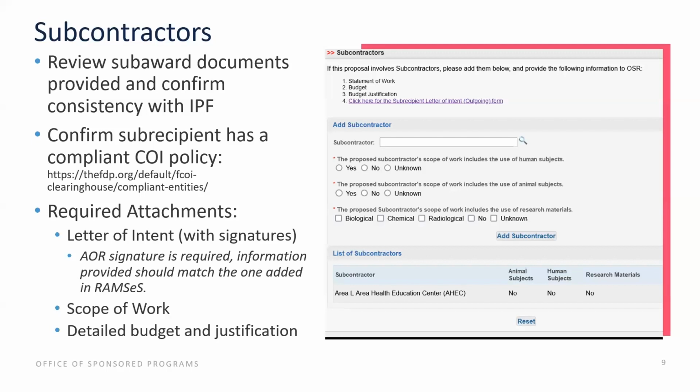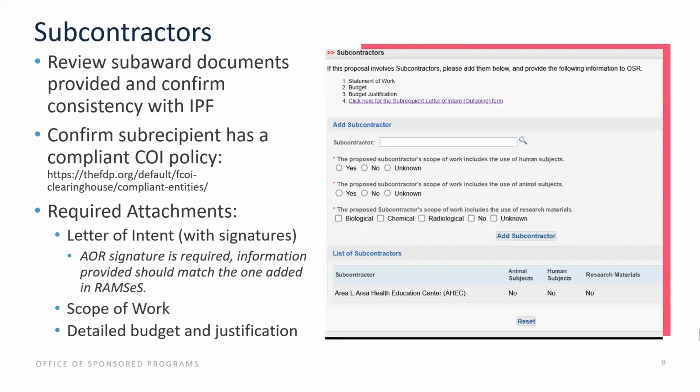We want you to confirm that the subrecipient has a compliant COI policy. Just to be clear, this is only if we're talking about PHS NSF submissions. That includes where the prime sponsor is PHS NSF, as well as our sponsor. So in both of those scenarios, we want to make sure that they have a compliant COI policy.